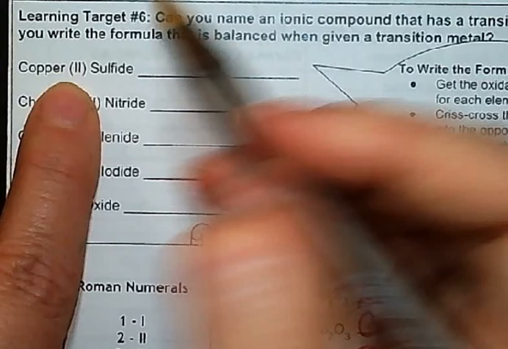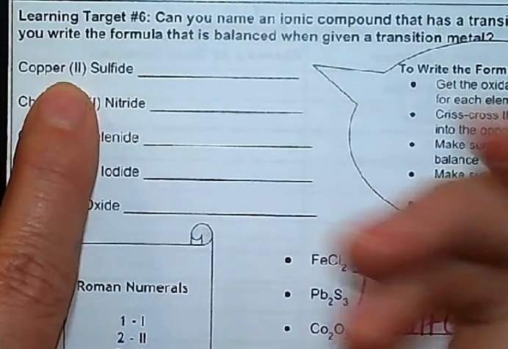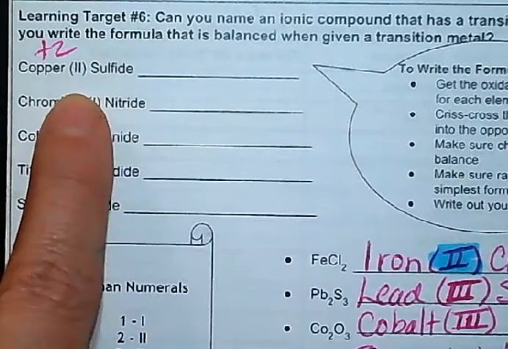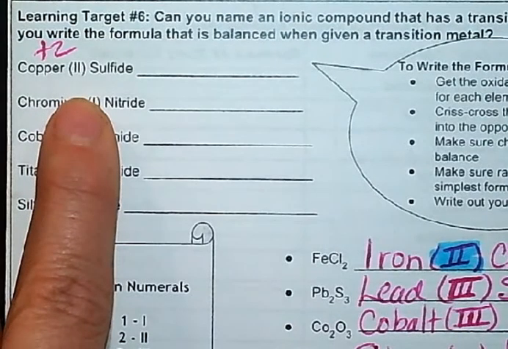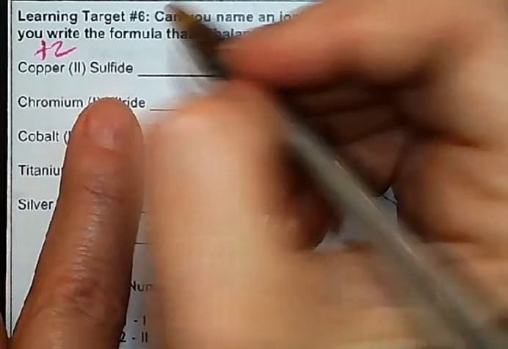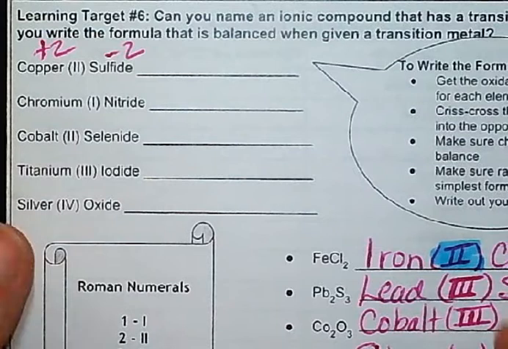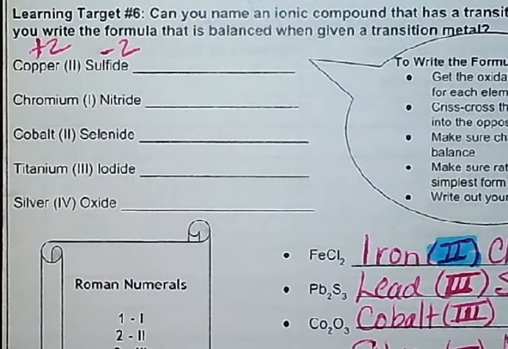Because what's this copper's oxidation number? +2. It's given to me as a Roman numeral. Now sulfur, I do have to go to the periodic table. -2, unless you've got them memorized already. Then look over here. You crisscross them down and they become subscripts. That sound familiar? Same thing we did with the regular ionic bond.